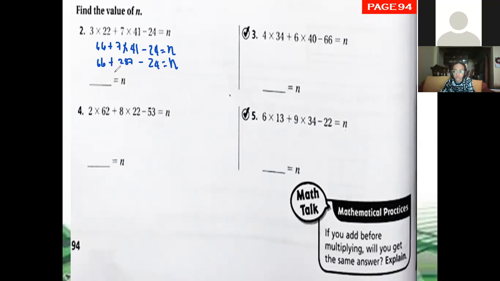Another answer: 153, I think. Miss, it's 353. It's 353 because 6 plus 7 is 13. And 6 plus 8 is 14, plus 1 is 15.